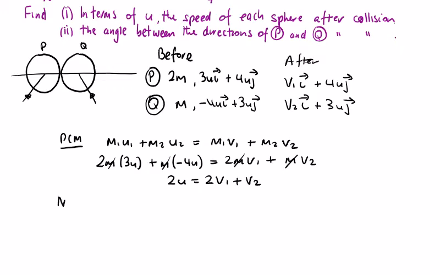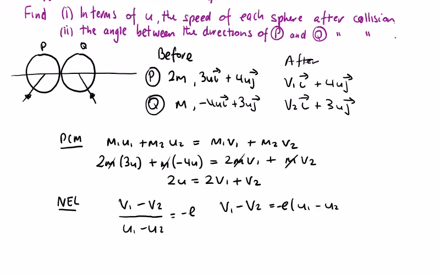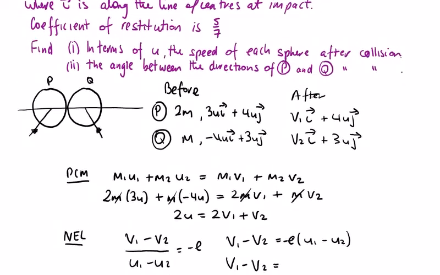Okay, Newton's experimental law. v1 minus v2 over u1 minus u2 is equal to minus e. So we'll write it as v1 minus v2 is equal to minus e times u1 minus u2. So I just have my v1 and v2 in terms of v1 and v2. I have my e. What did they tell us e was? 5/7.